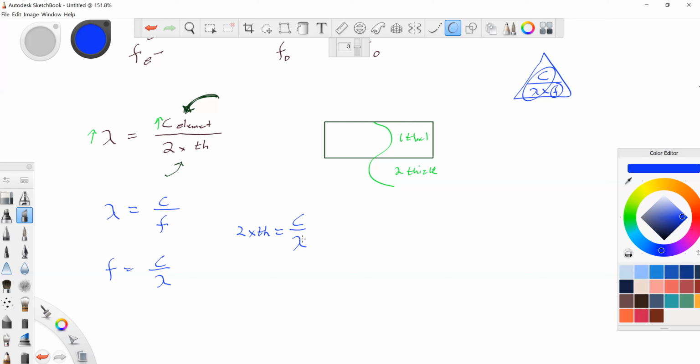And the last way of writing it, if we want to solve for C: C is equal to lambda times frequency, or C is equal to 2 times the thickness times frequency.